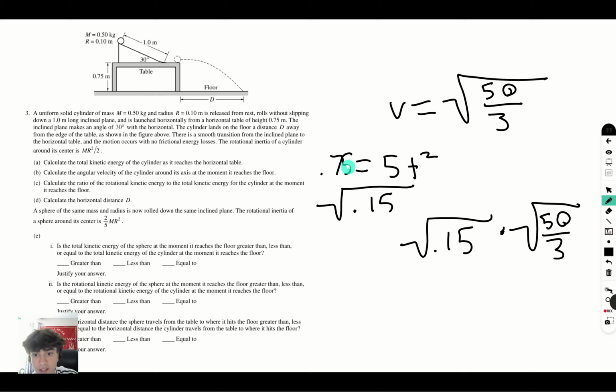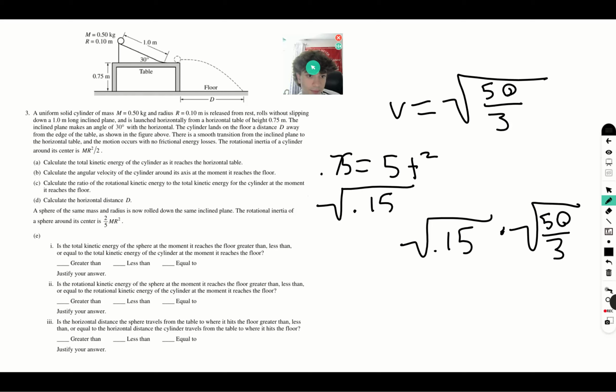This one is the 1/2 at squared kinematic equation, and this one is the velocity times time one. So let's move on to the multiple choice for part E. Is the total kinetic energy of the sphere at the moment it reaches the floor greater than, less than, or equal to the total kinetic energy of the cylinder at the moment it reaches the floor?